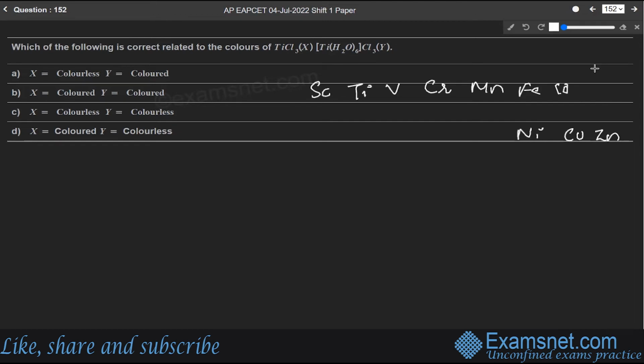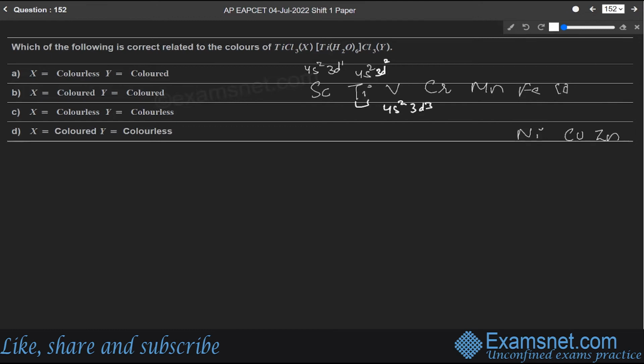How do you do the electronic configuration? Scandium is 4s2 3d1, titanium is 4s2 3d2, and vanadium is 4s2 3d3. They have talked about titanium.